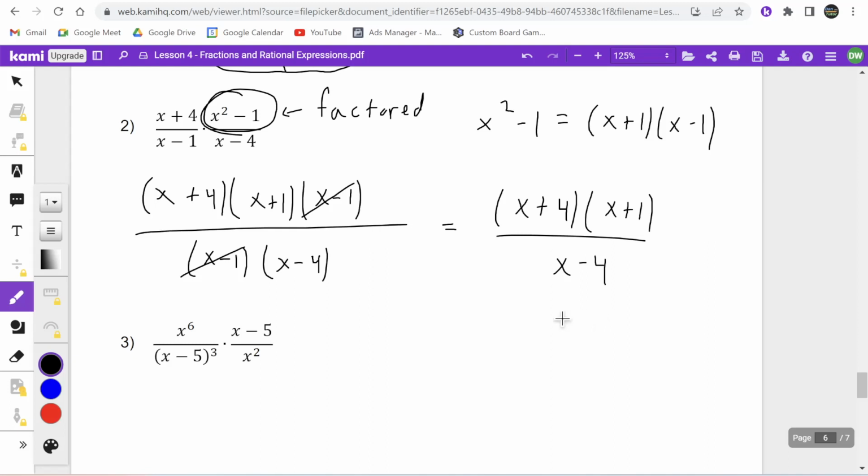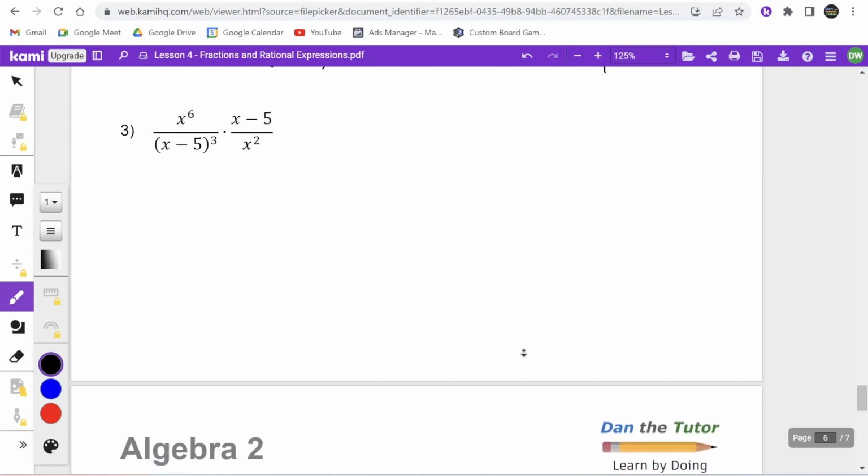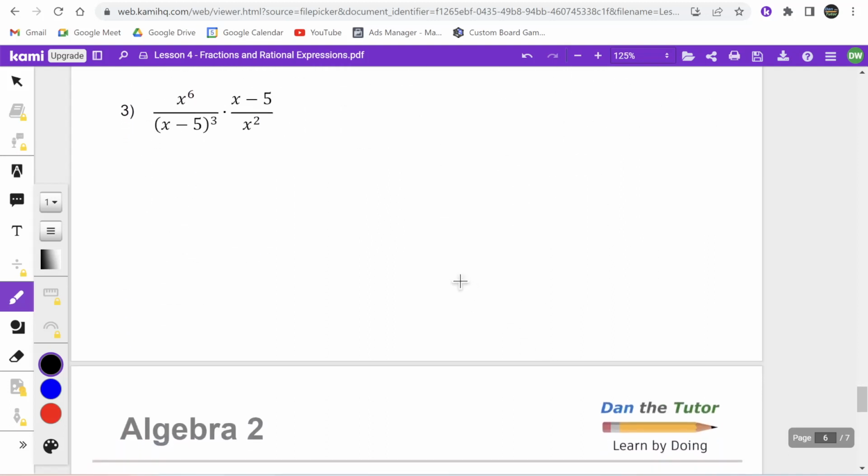Okay. Number 3, it looks like we're upping the ante here, a little bit tougher. So for this one, I want you to realize there's two things that cancel. First of all, the x minus 5 will partially cancel. In other words, x minus 5 in the numerator is gone completely. But x minus 5 cubed is just going to come down to squared because you took one of your x minus 5s away.